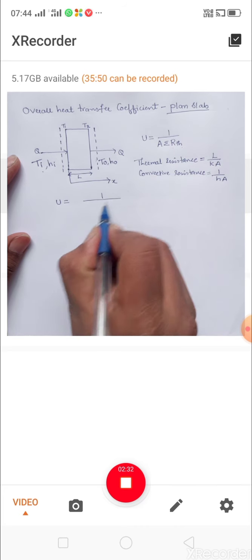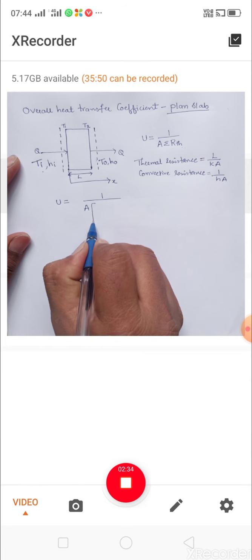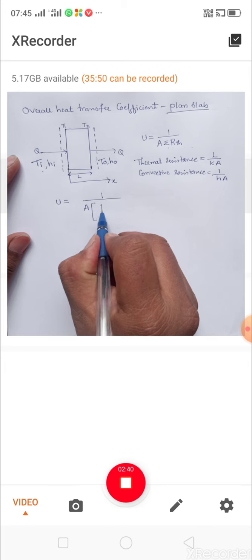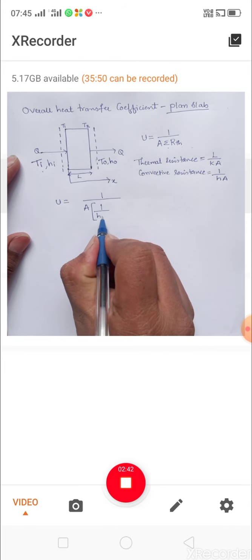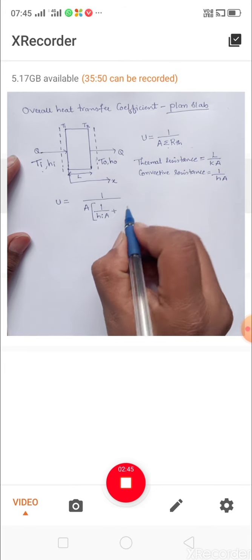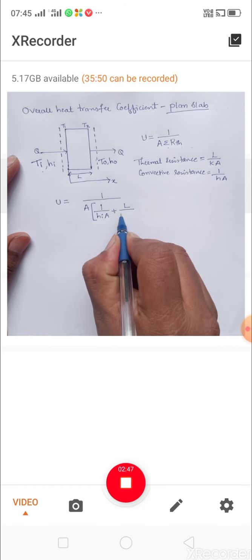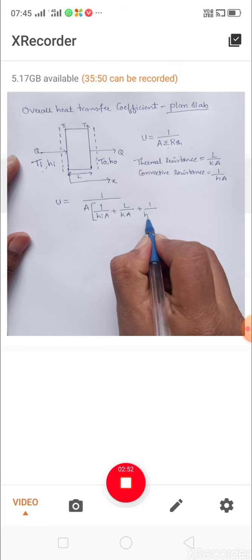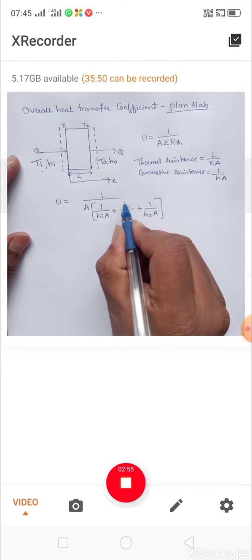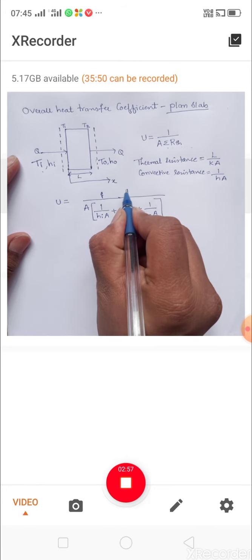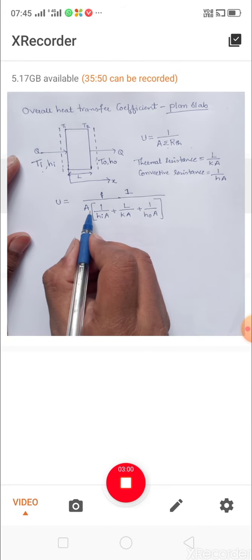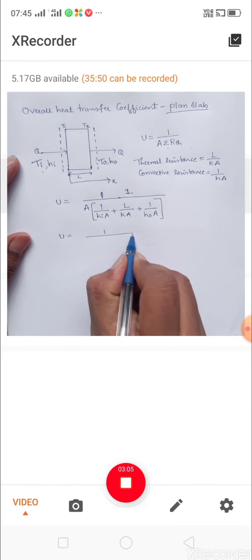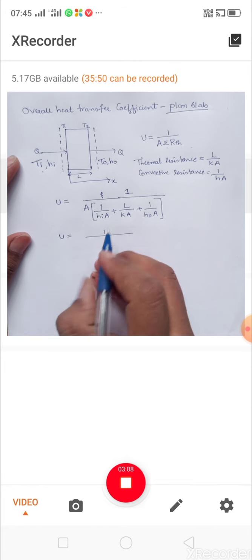So 1 divided by A. Now let me write all the thermal resistances, that is sigma thermal resistance: 1 divided by Hi into A plus L divided by K into A plus 1 divided by H0 into A. If I take A as common, A gets cancelled.